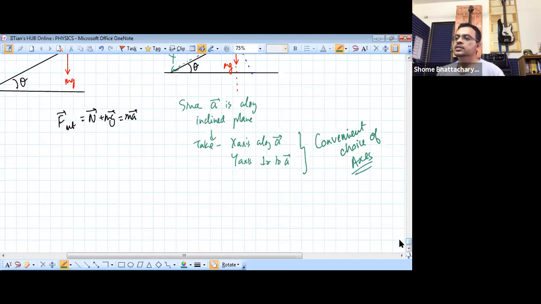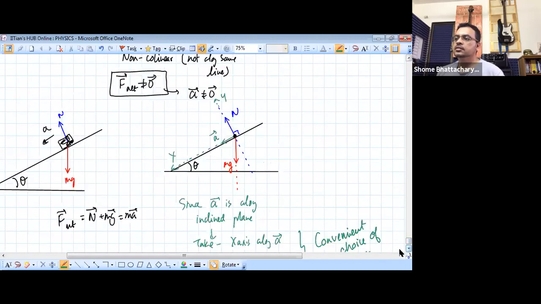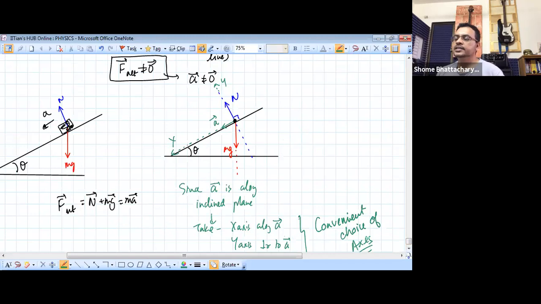Now we can see in the above diagram that my acceleration vector is along the x-axis. Why it is convenient is because along the x-axis, the net x component of force should become mass into acceleration, and along the y-axis, the net force should be 0, because there is no acceleration along the y-axis.